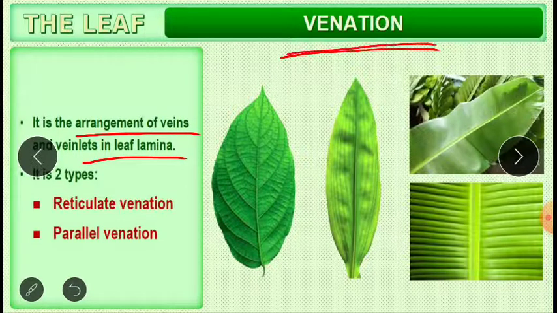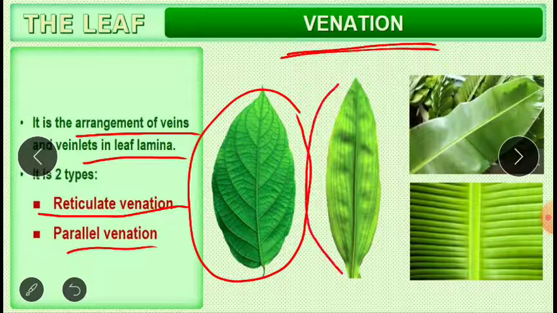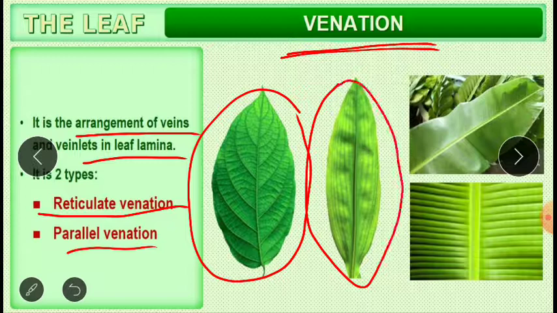How this arrangement is there in the different types of leaves is known as venation. There are two types of venation found in the leaves: reticulate venation and parallel venation. Reticulate venation is mostly found in the dicotyledons and parallel venation is found in the monocotyledons.